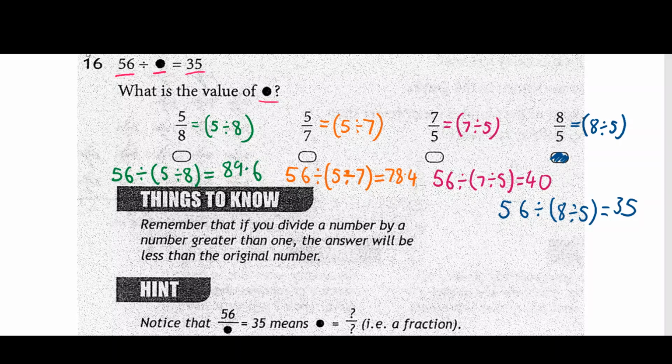So it's 8 over 5. So 56 divided by 8 over 5 equals 35. So our dot is 8 over 5. Another way of writing it is 56 divided by bracket 8 divided by 5 equals 35. Okay.